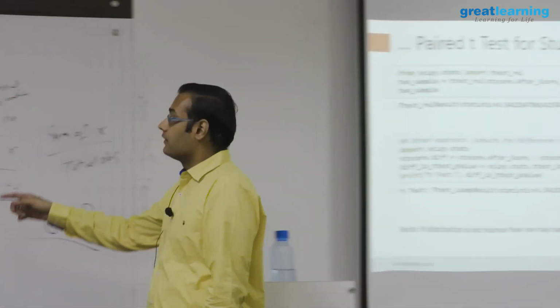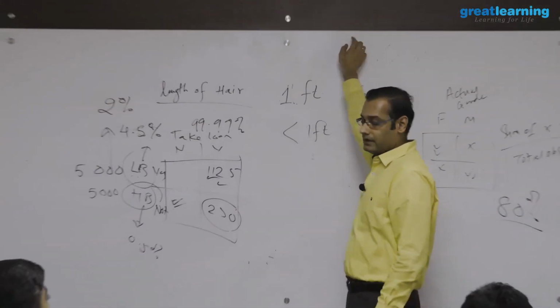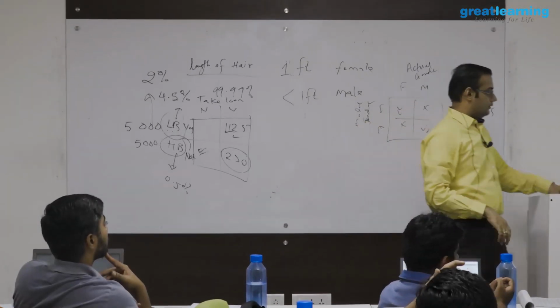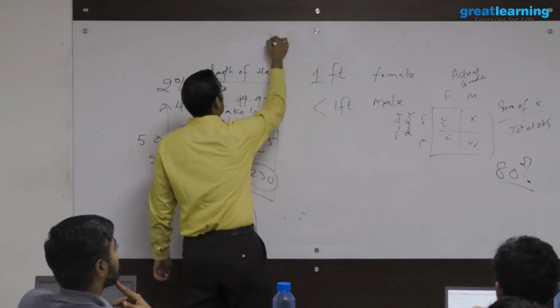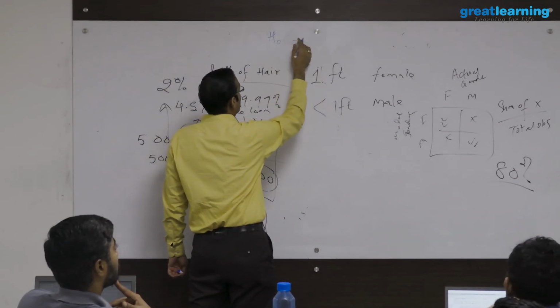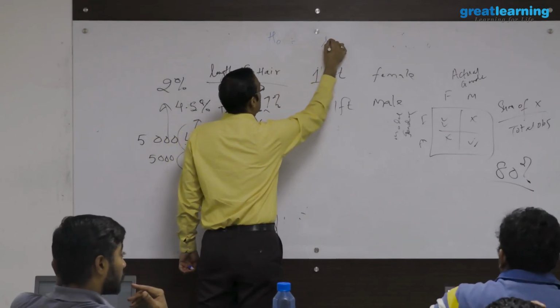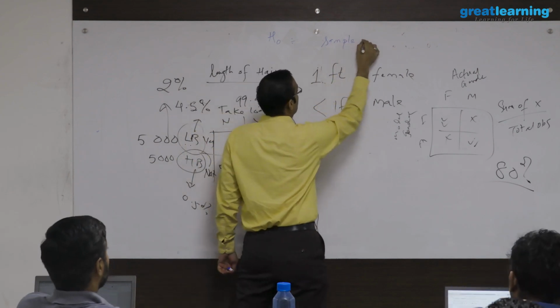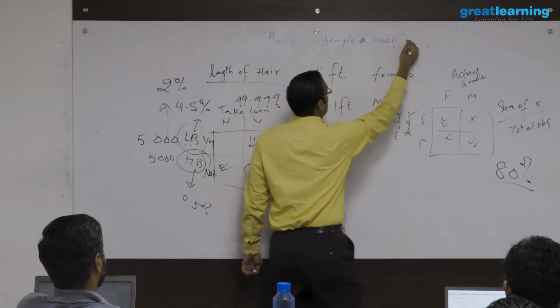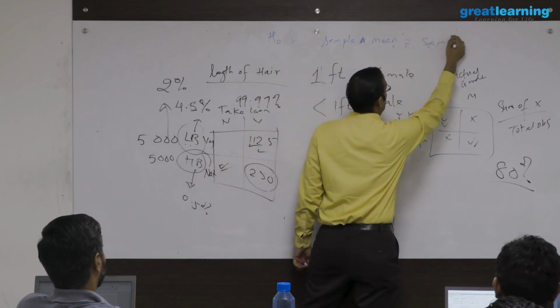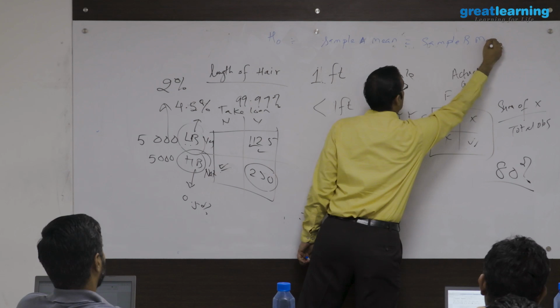The null hypothesis assumption is that sample A equals sample B. H naught is that sample A mean equals sample B mean.